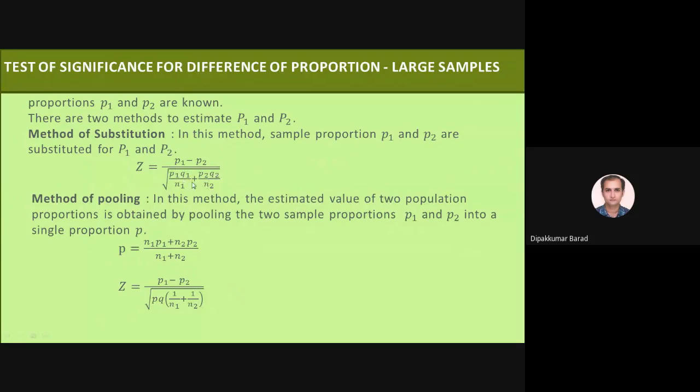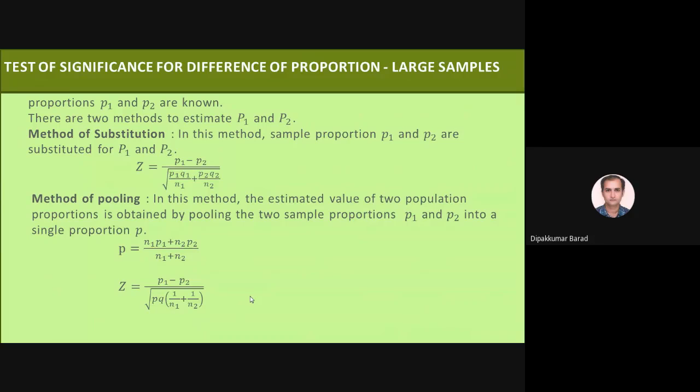Now, instead of p1 and p2, we find small p by writing n1 p1 plus n2 p2 upon n1 plus n2, using the data already given in the example. Then Z equals p1 minus p2 upon under root of p q into 1 upon n1 plus 1 upon n2.